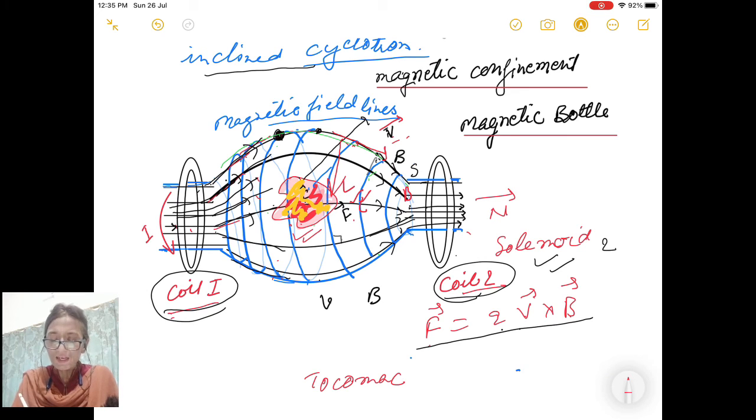The same scheme can be considered at other places too. Here I take one point, and if this material tries to go out from this very point with velocity V, when there is magnetic field along the direction of the field line, so V cross B at this very point can be only inside.